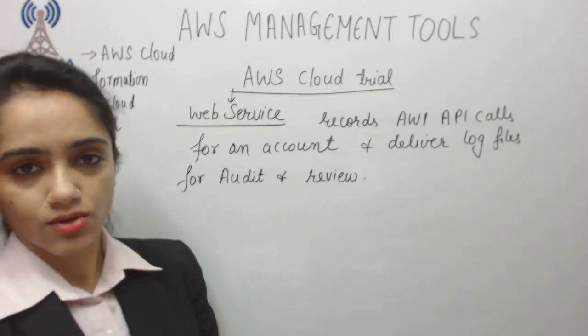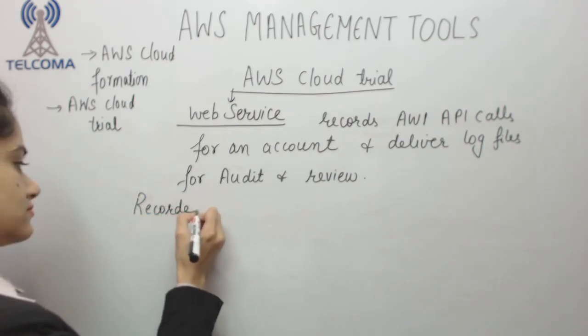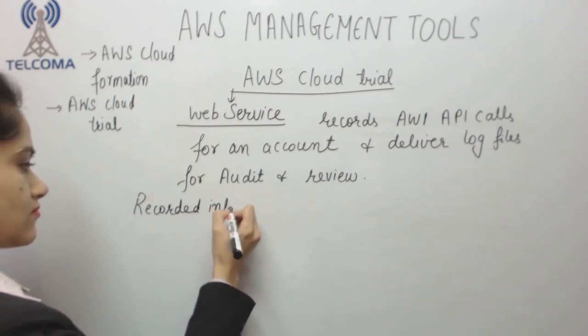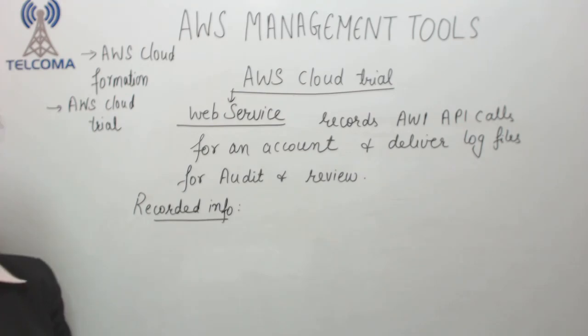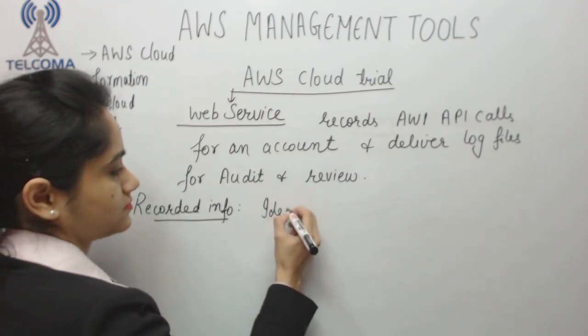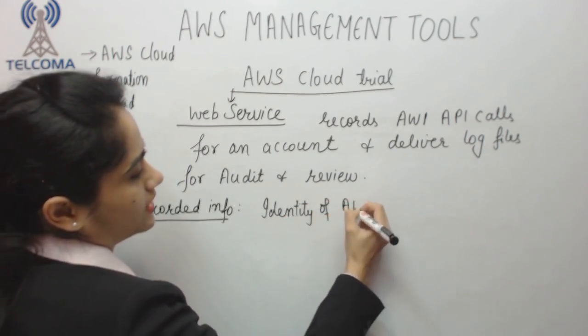Now, what is there in the recorded information? In the recorded information, there is the identity of the API caller.